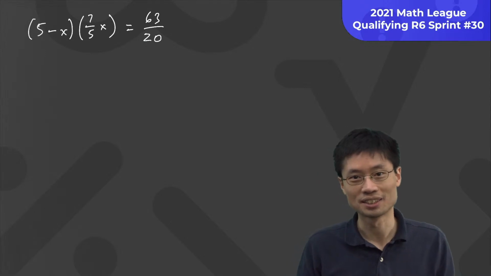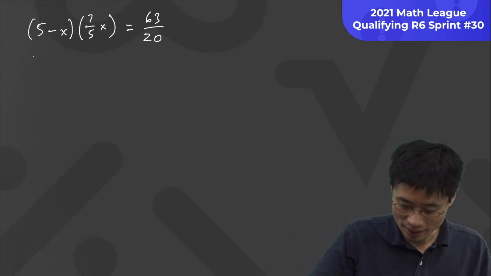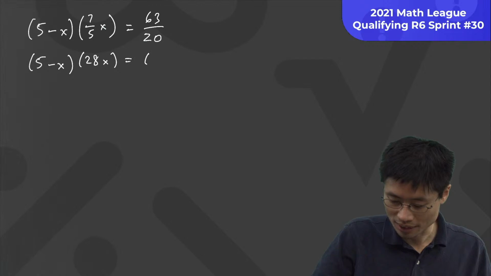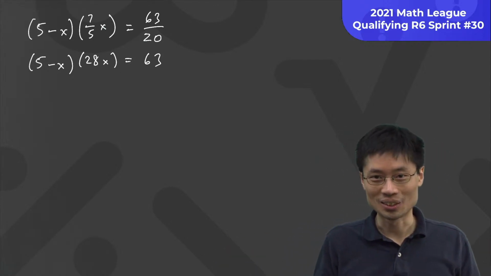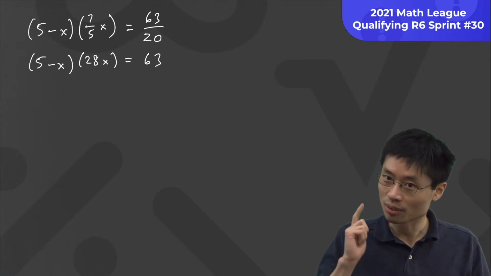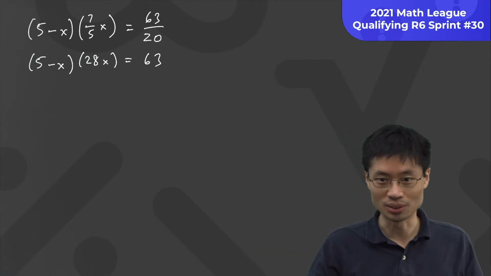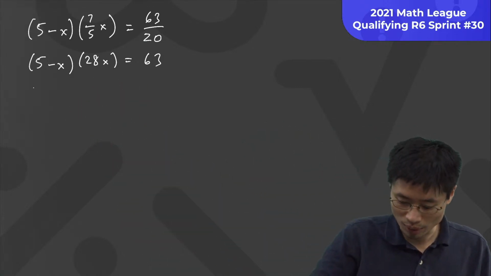I hate fractions, so let's clear the fractions. Multiply both sides by 20, and what I'll get is 5 minus x times 28x is equal to 63. Now I guess I just have to expand this out. So I will get 5 times 28. Well, the easier way to do that is 10 times 14. Throw a 2 from the 28 into the 5, get a 10.